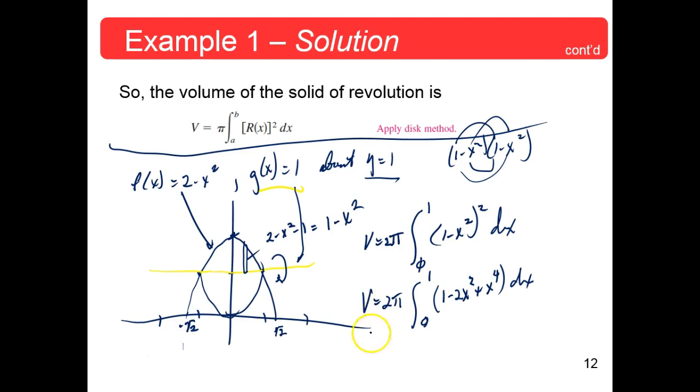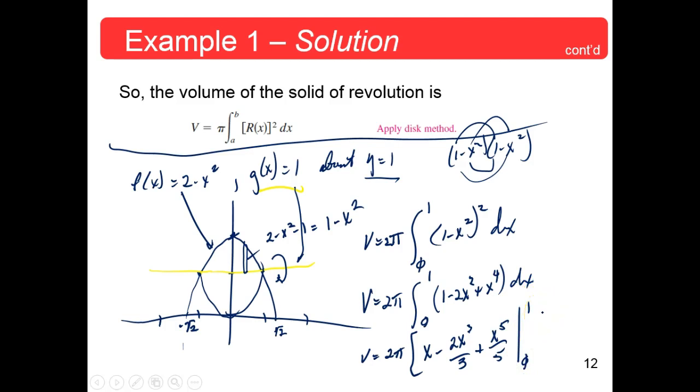Let's do the integration. D is equal to 2 pi times the antiderivative of 1, x minus 2x cubed over 3 plus x to the 5th over 5, evaluated between 0 and 1.